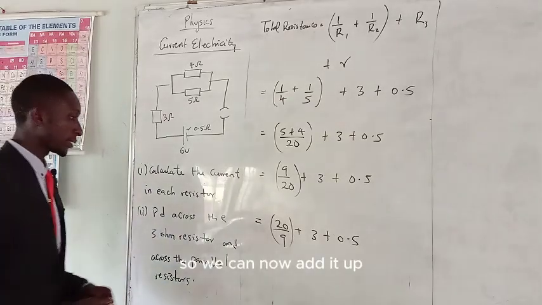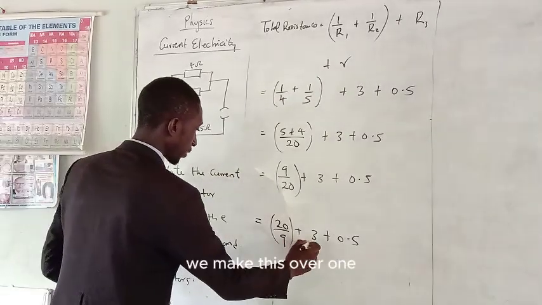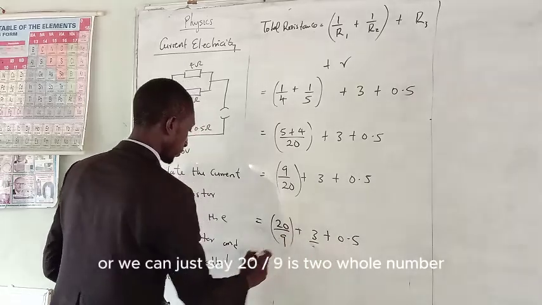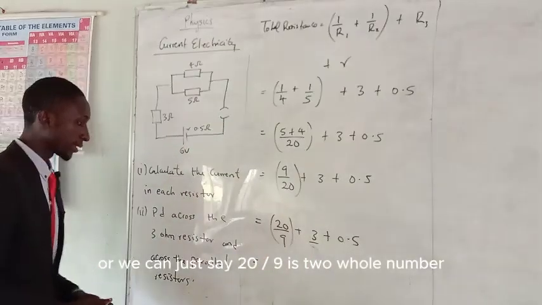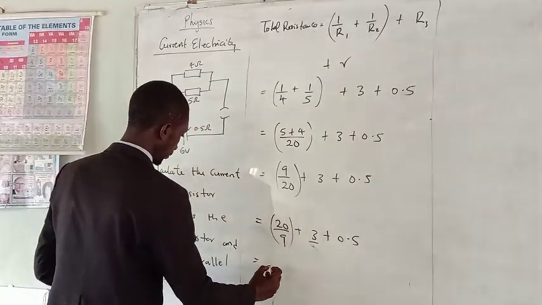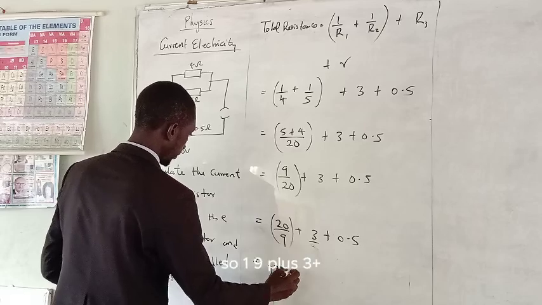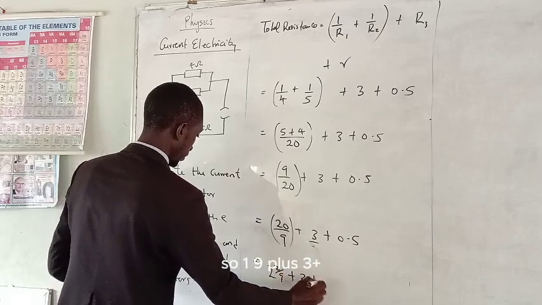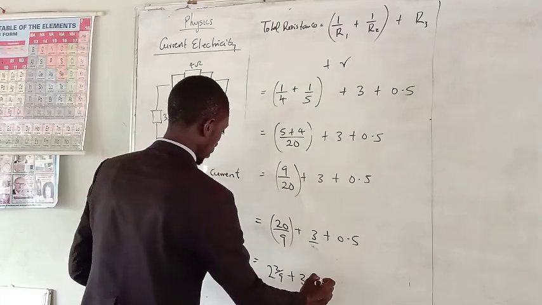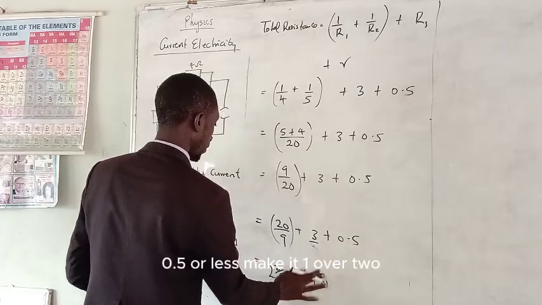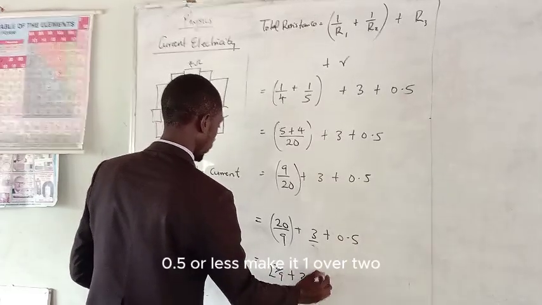So we can now add it up. 20 divided by 9 is 2 whole number 2 over 9, plus 3, plus 0.5, or let's make it 1 over 2.